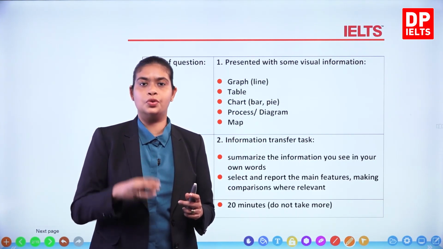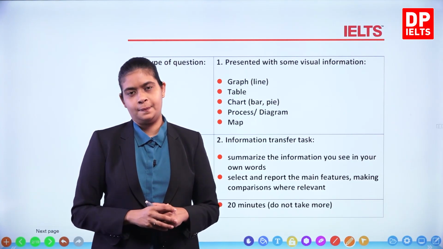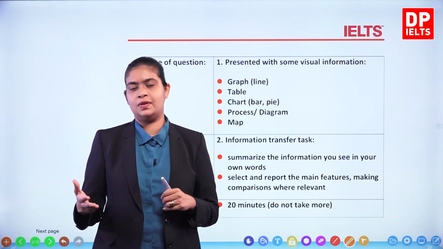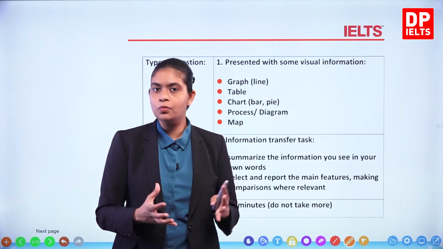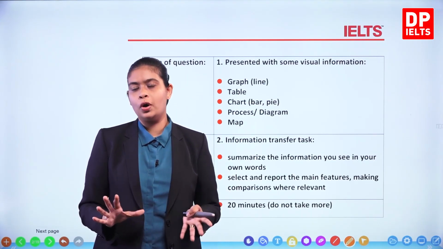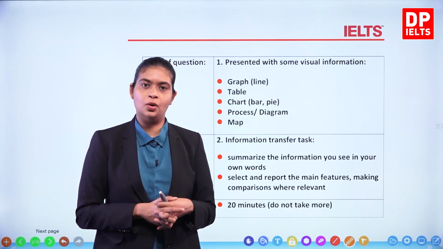You pick and choose those, and then you structure your answer. You don't write the same thing as it is, right? You could use some words taken from the visual image, or if not, you just rewrite things in your own words.